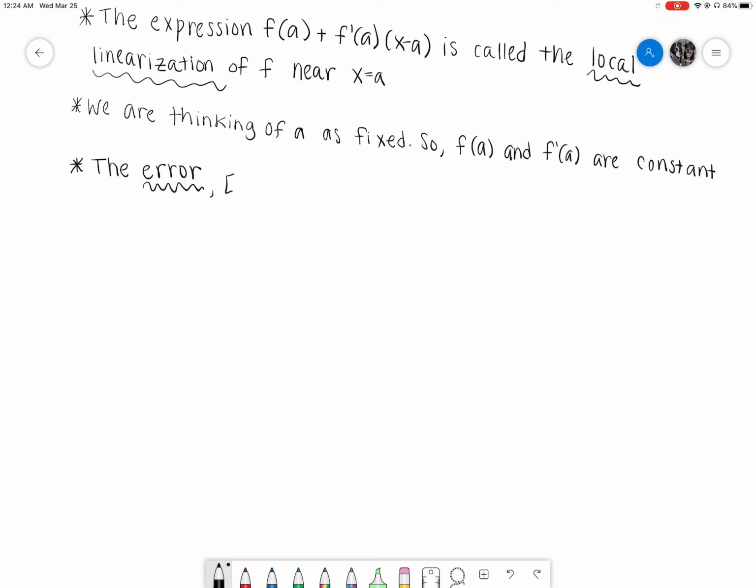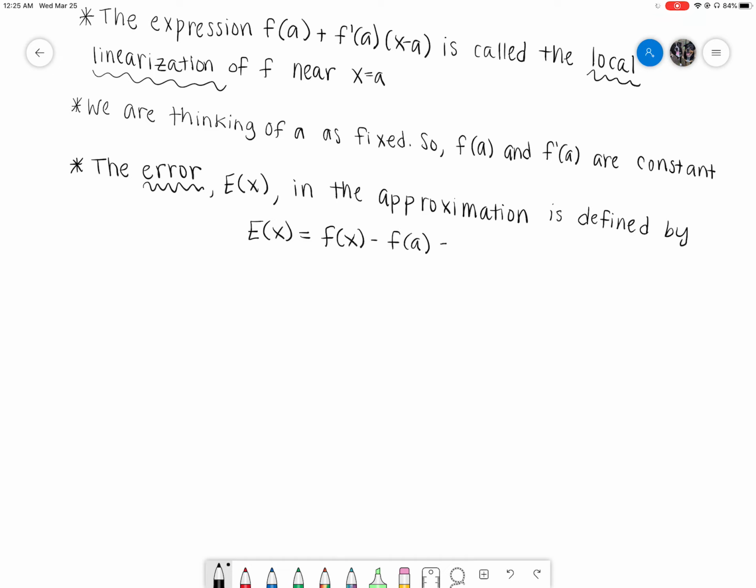So the error, which we'll say is e of x, in the approximation is defined by e of x is equal to f of x minus f of a minus f prime of a times x minus a.